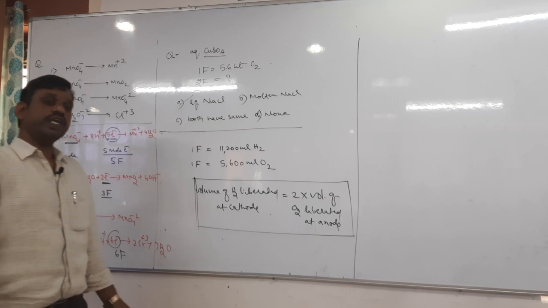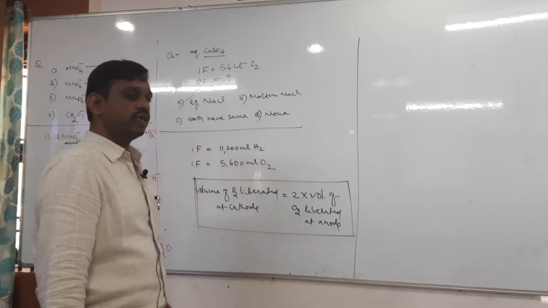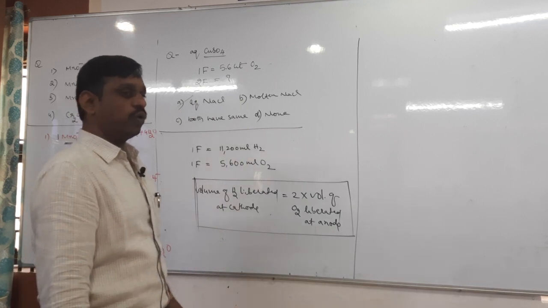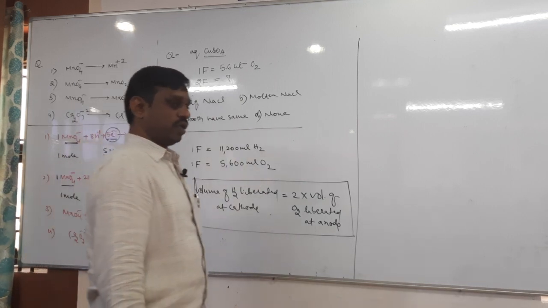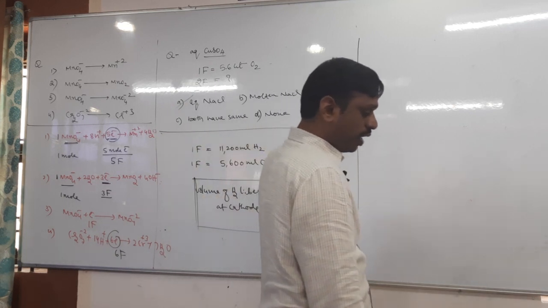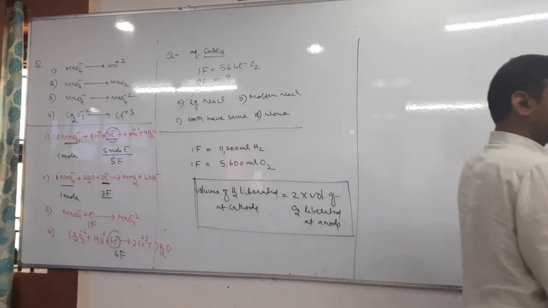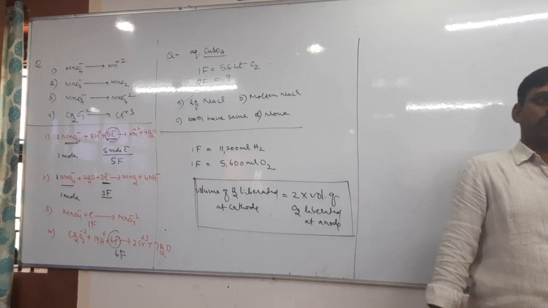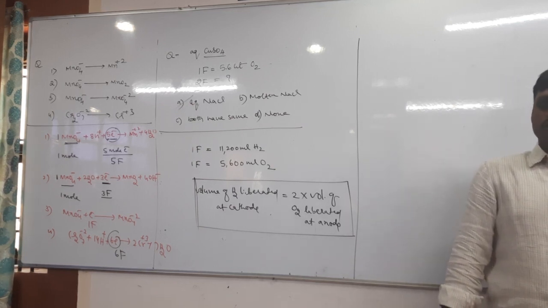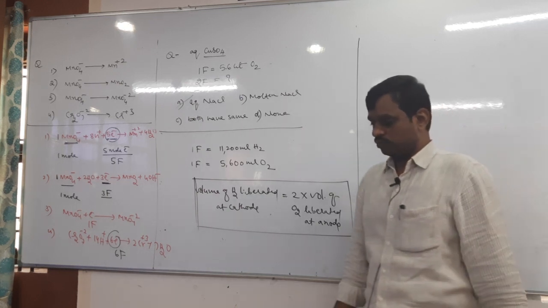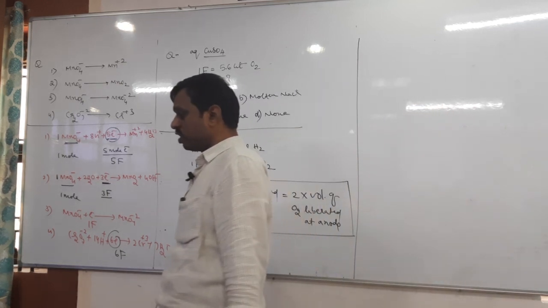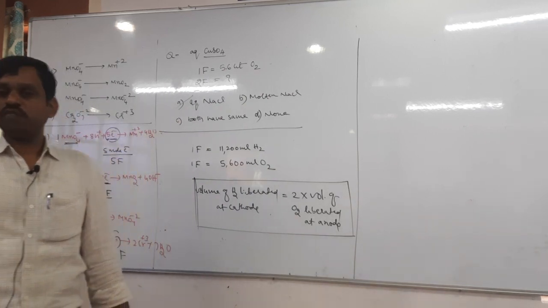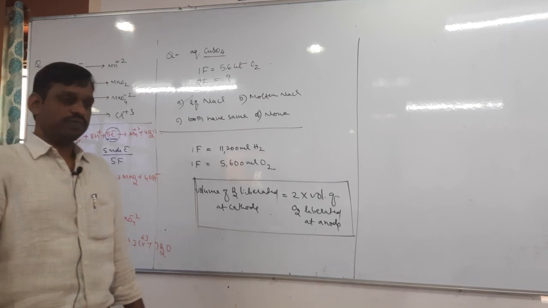What is the quantity of electric current required in coulomb to deposit 3 grams of magnesium by the electrolysis of molten MgCl2?